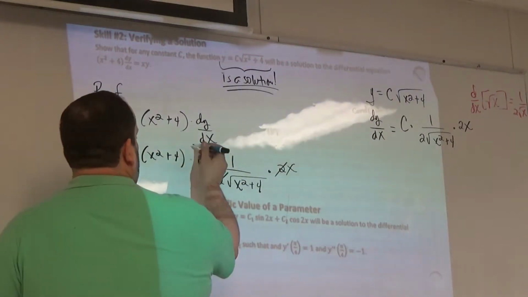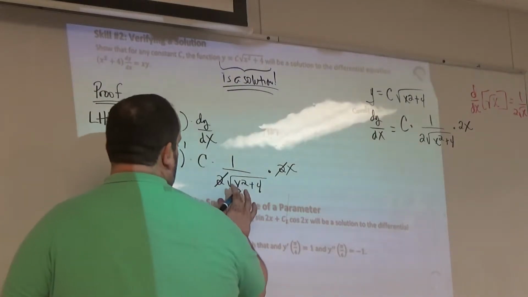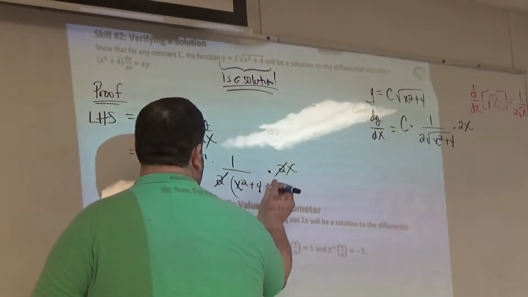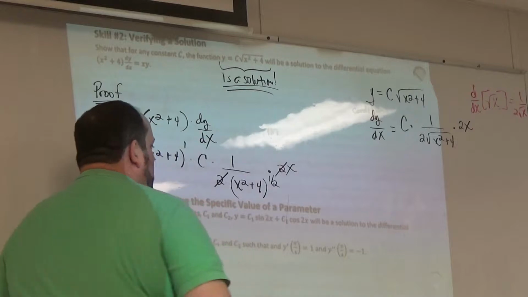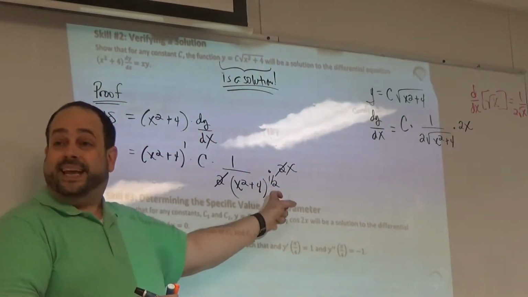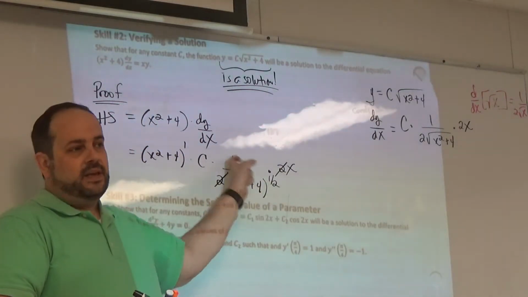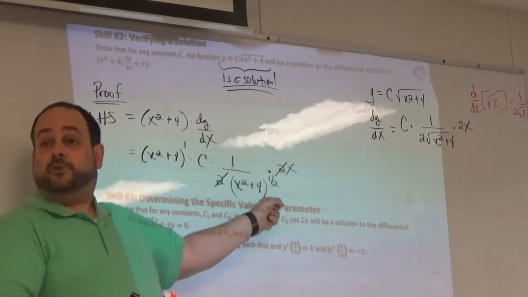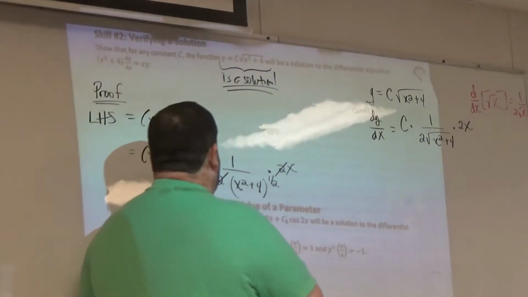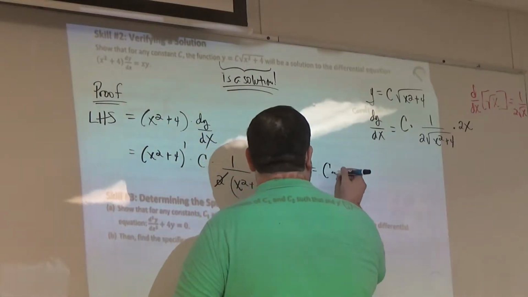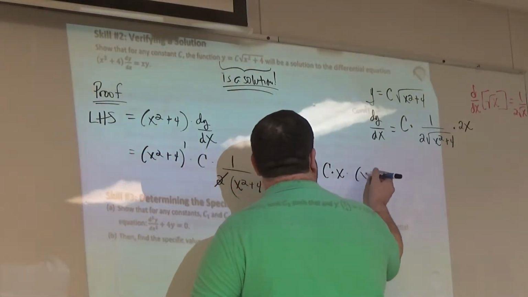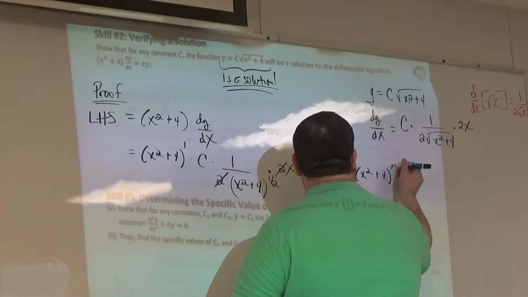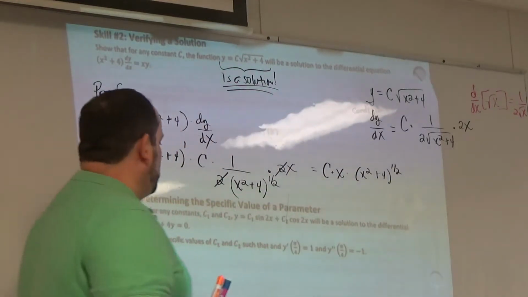Because this is really x squared plus 4 to the first power, and this guy is really x squared plus 4 to the 1/2 power. If the bases are the same and I'm dividing, you're going to subtract. So what you're going to be left with is c times x times x squared plus 4 to the 1/2 power.